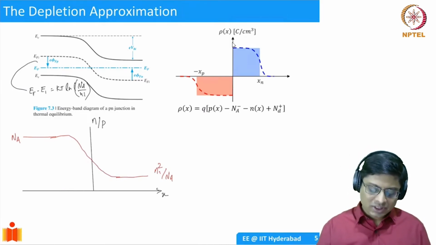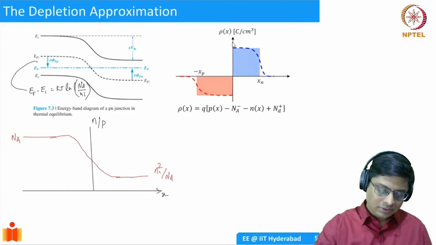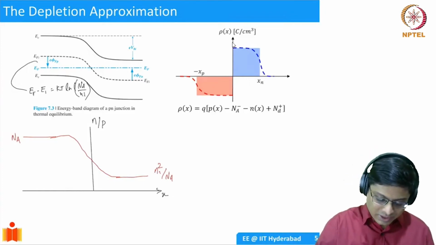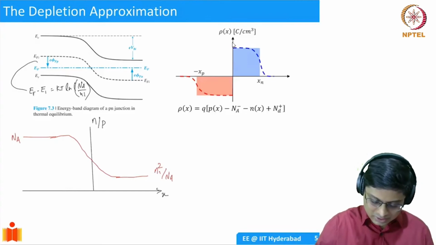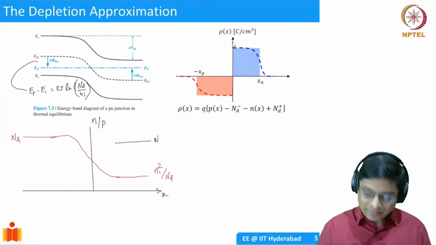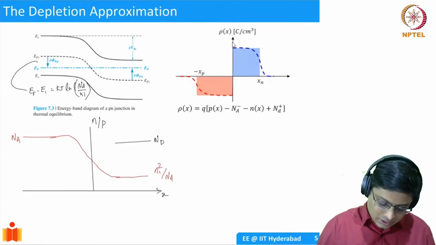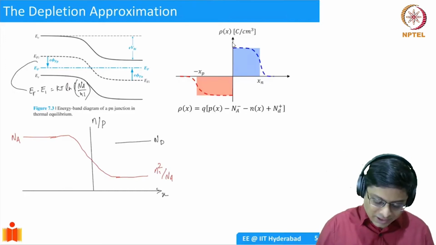What happens to the electron concentration? Well, the same story. Nd could be different from Na. Let's say Nd is slightly lower than Na in the n-type region. Automatically, the electrons in the p-type region are going to be slightly higher than the corresponding numbers in the n-type, ni squared divided by Nd.